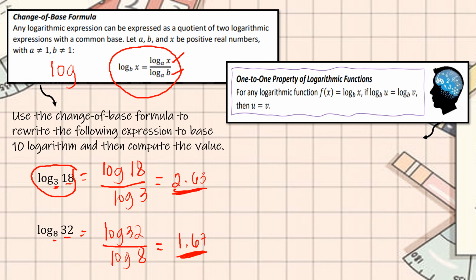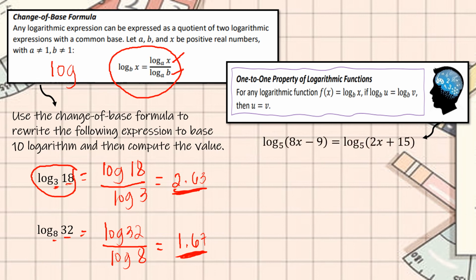So, itong property naman na ito, magagamit natin siya kapag magsasolve na tayo ng logarithmic equation. Ibig lang sabihin yan, kapag yung both sides same ng base ng logarithm, pwede mo na lang kunin yung u and v. So, u and v, yan yung numbers or yung variable na gagamitin natin sa equation.